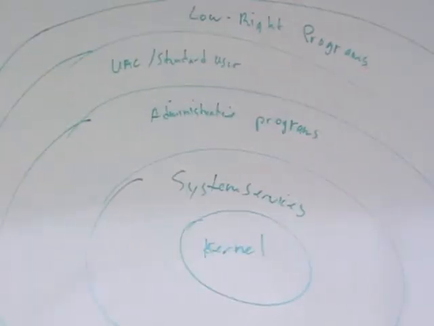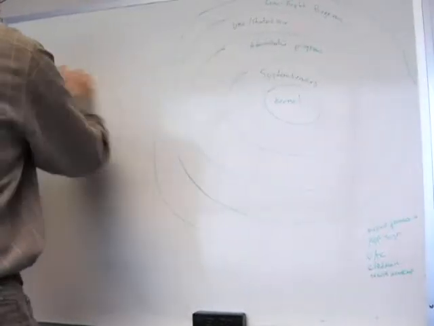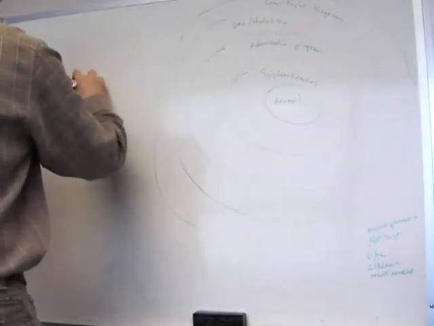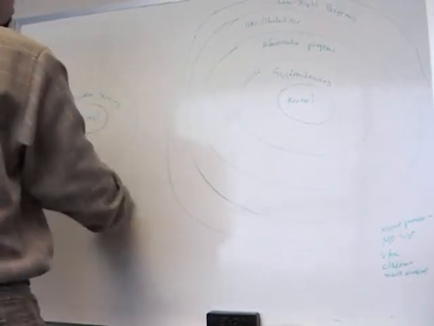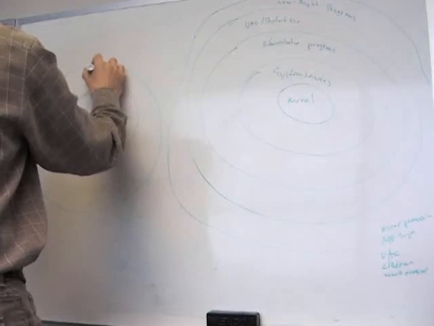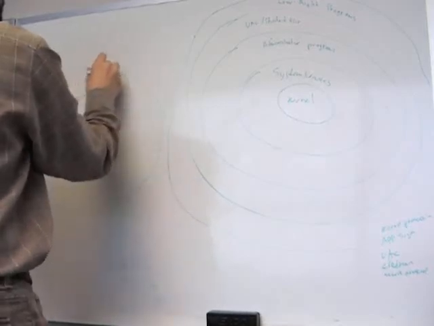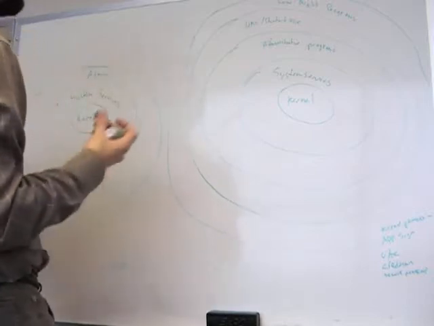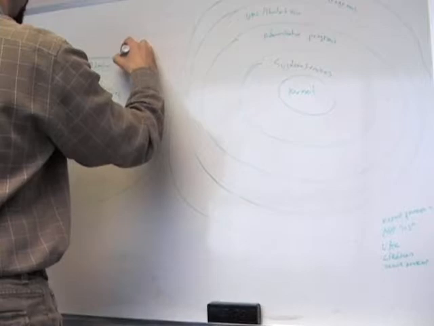So prior to Vista, we basically had the kernel, system services, admin, and I'm just going to put a slice here, maybe a millimeter thick, which is basically things running as standard user.